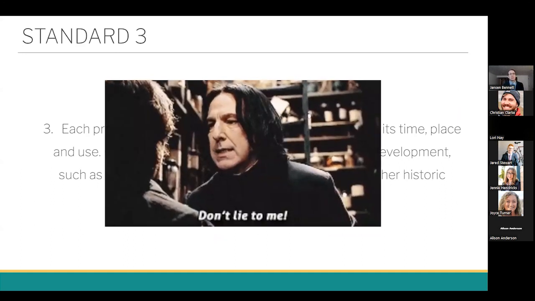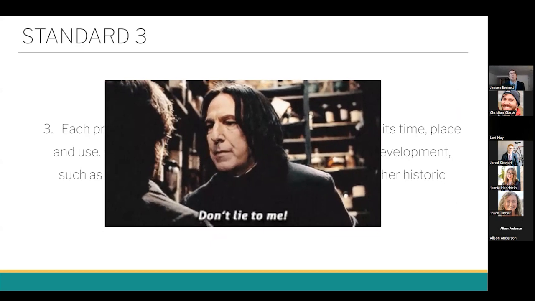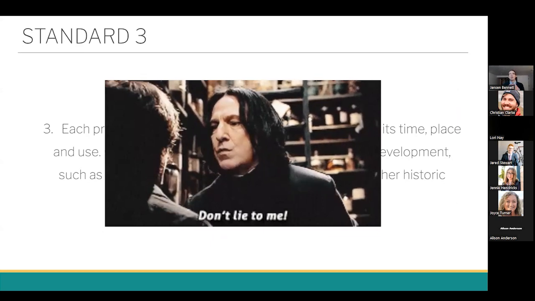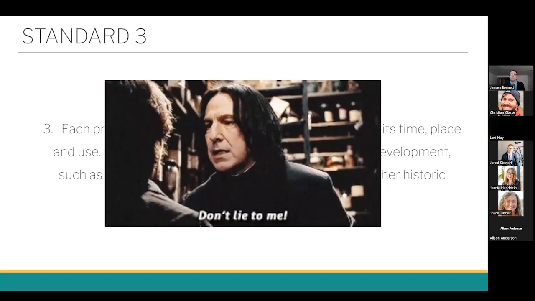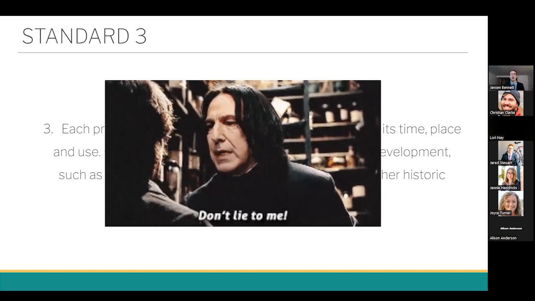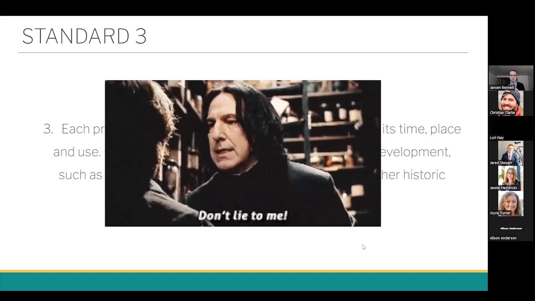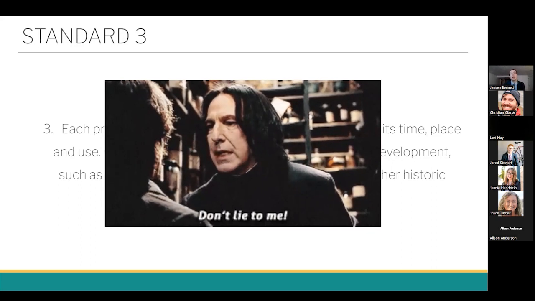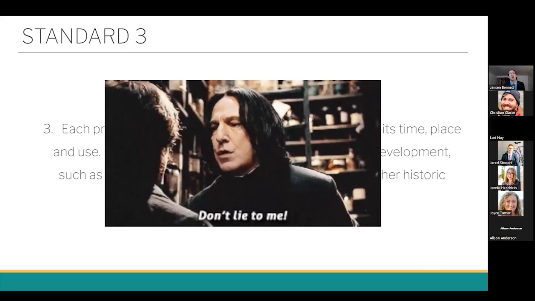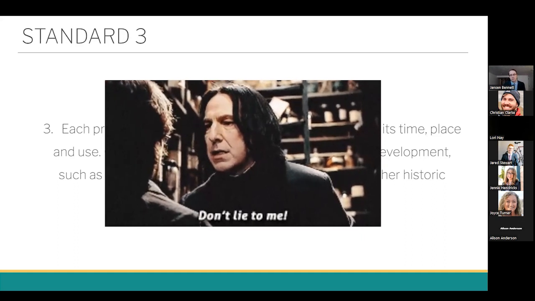In other words, we don't want to lie about the history of our buildings. The way that this standard is most often broken is by wanting to make a building look more historic by adding features, typically like trim work or ornamentation, that may not have ever existed. And so we don't want to give that false sense of history.